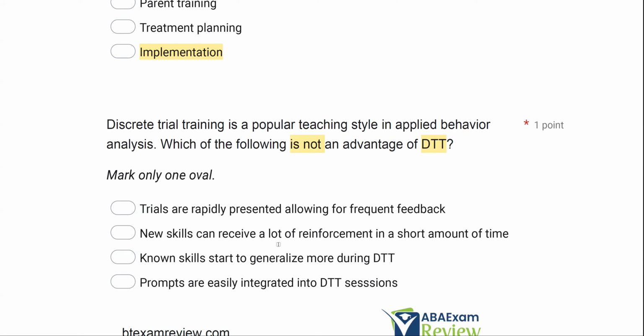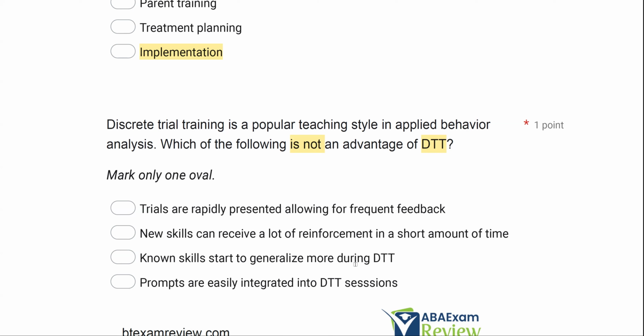B, new skills can receive a lot of reinforcement in a short amount of time. Sure, not only can you deliver corrective feedback, but if the client is doing things correctly, they can contact reinforcement very rapidly. That's why it's a great way to teach and strengthen new skills. C, known skills start to generalize more during DTT. One of the disadvantages of discrete trial training is it's not great for generalization.